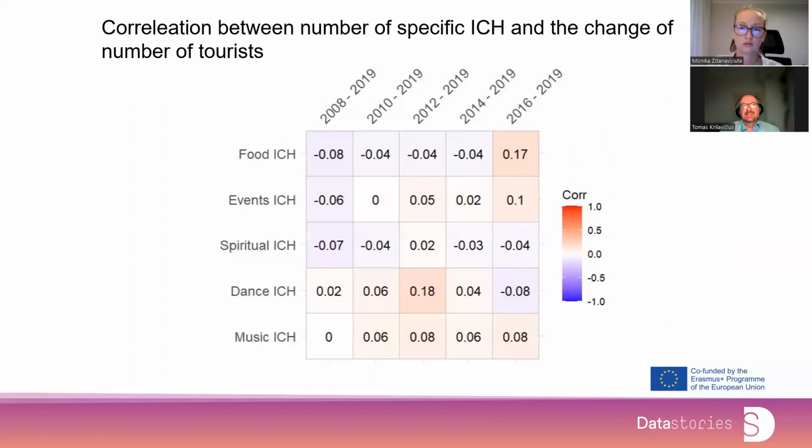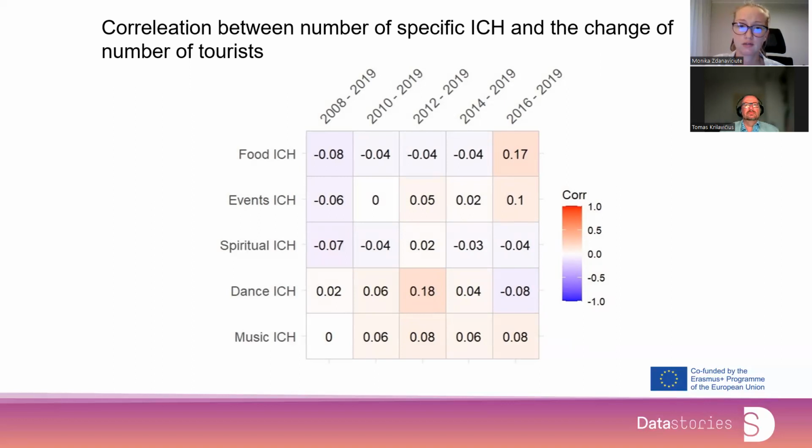And one more heat map. Here we can see a correlation between number of specific ICH and the change of number of tourists. So we can see that the correlation of tourists changing over time is not that big.